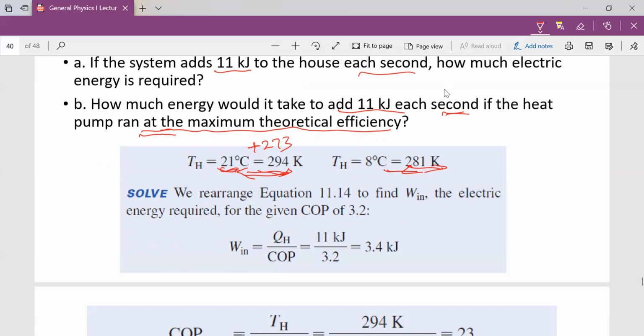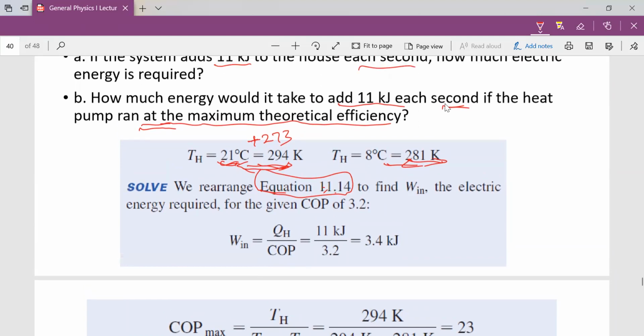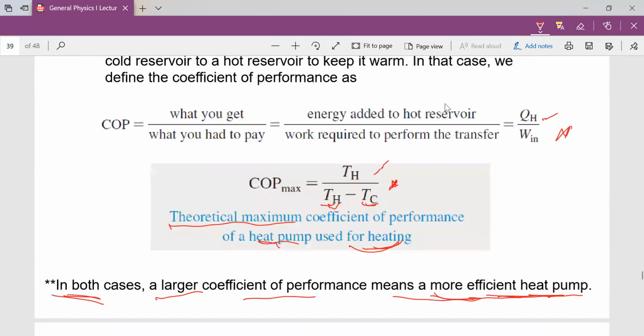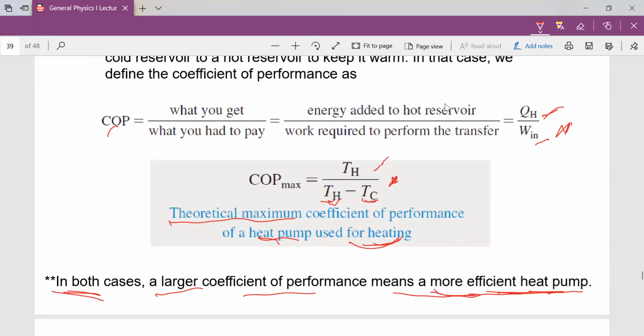Oh, okay, thanks. Okay, so to solve this, we applied this energy equation, I just picked it. But we can go back to see the equation we are using, which is COP for heating.